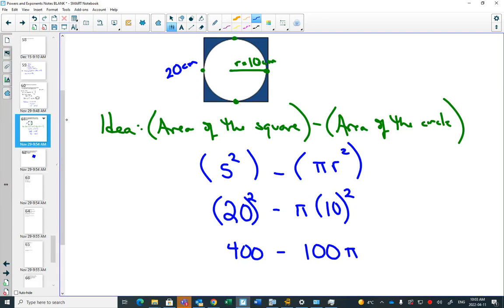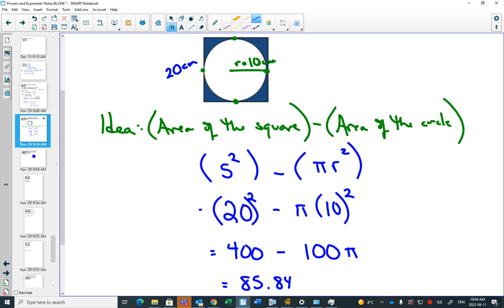And now we could go to our calculator and do 400 minus 100 times pi, and we're left with 85.84.